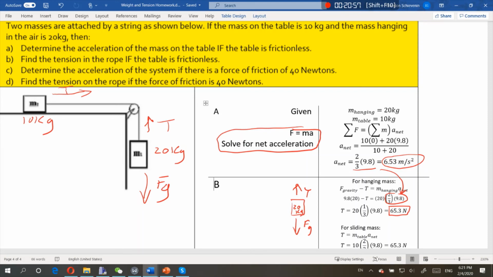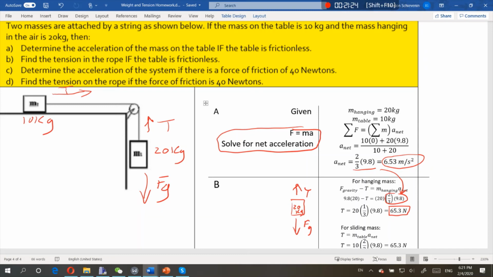Okay, so if that's true, then we can say F equals ma, so I can divide by m on both sides to solve for a. So that gives me my acceleration is equal to the sum of my forces divided by the sum of my masses. The sum of my forces: for my 10 kilogram mass, I do not have any forces acting up or down, so the sum of my forces is 0.